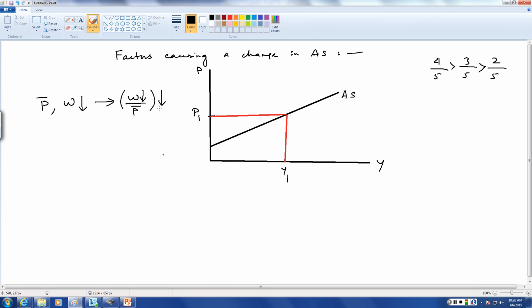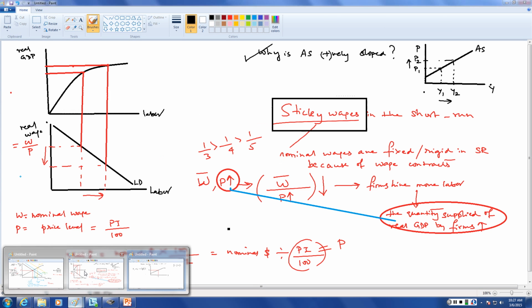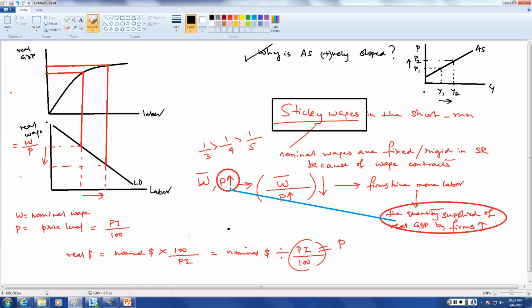Now when the real wage falls, what happens to the quantity demanded of labor by firms, which is the lower diagram here? With the real wage falling like that, the quantity of labor demanded by firms rises, and this then translates, in the top diagram, to a larger production of real GDP. Is that correct? So let's translate this to our present diagram.